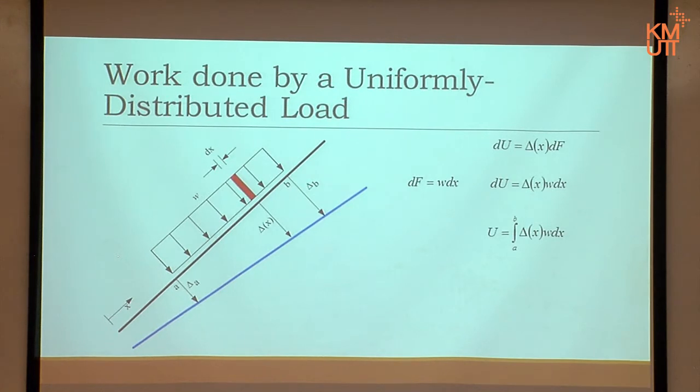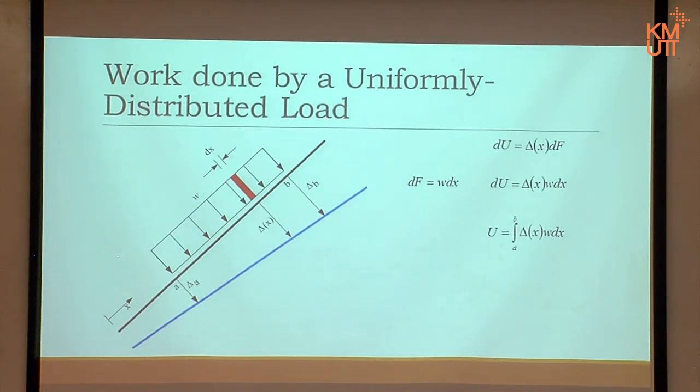Now, notice that in those terms, delta we described already as a function of x. This integration is with respect to x, so we cannot leave it out. It has to be in there. However, W, I emphasize again, is a uniformly distributed load, meaning W will be constant throughout the whole A to B, right?